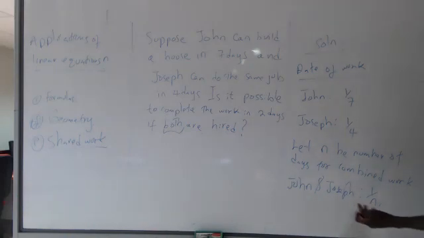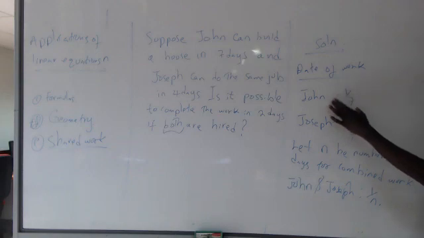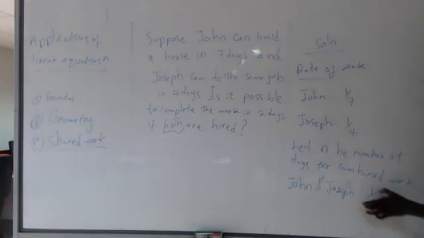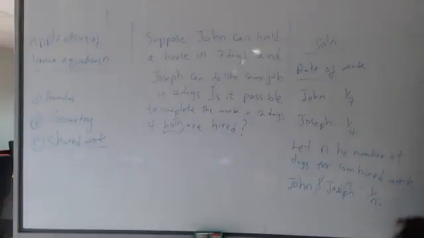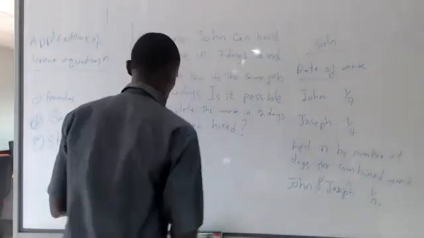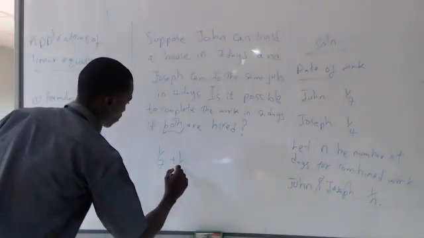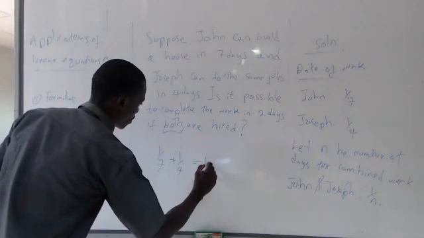So John and Joseph can complete the work in 1 over n. The rate for John is 1 over 7. The rate for Joseph is a quarter. The combined rate is 1 over n. So the equation here is that 1 over 7 plus 1 over 4 must be 1 divided by n.